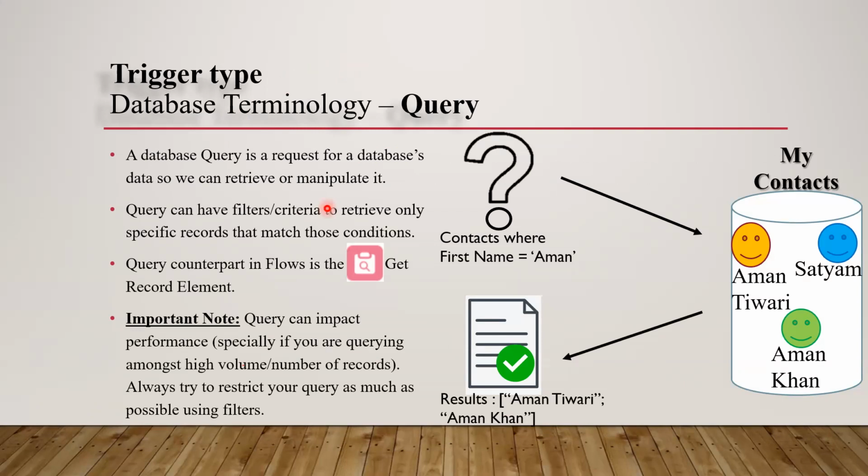But if you have questions, you can put them in the chat, and at regular intervals I will see them and try to answer. Sorry, was anyone trying to ask something? Okay, fine. We will move on to the next part, which is called trigger type.